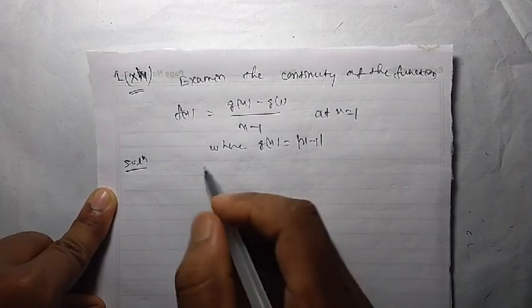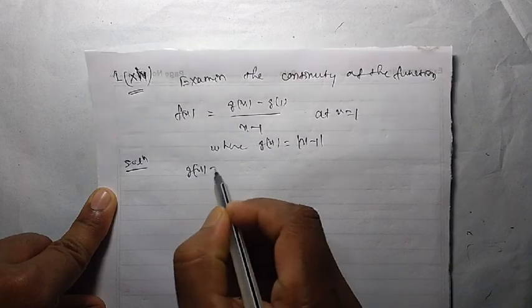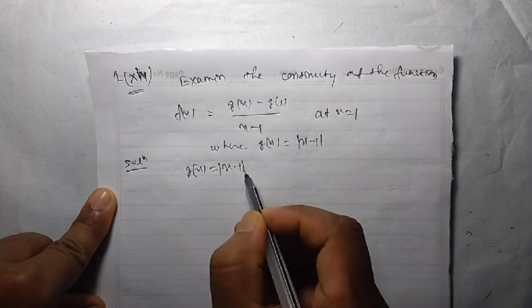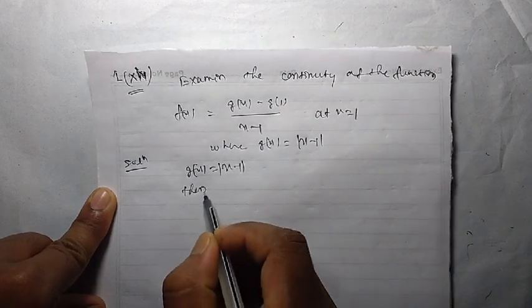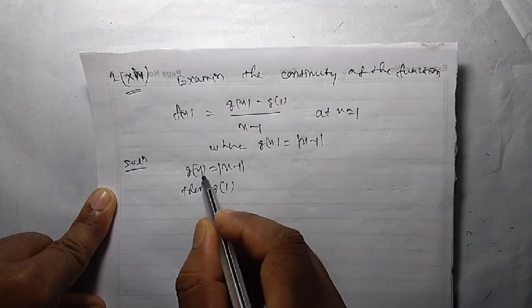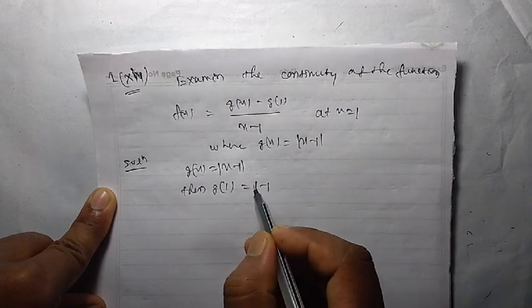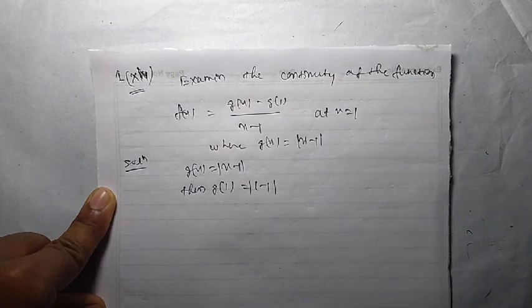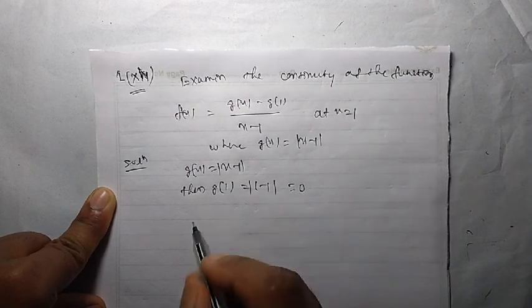Here you see g of x is equal to mod of x minus 1, then g of 1, if you put 1 here, is equal to mod of 1 minus 1, which is 0.